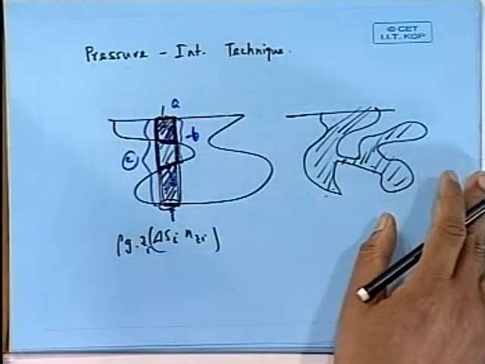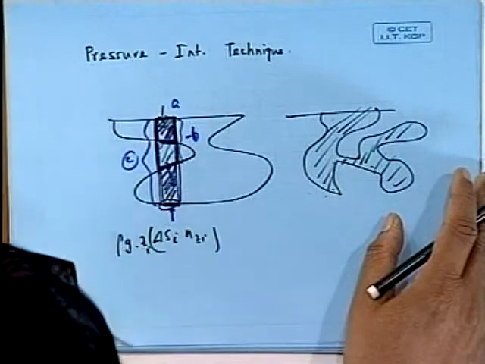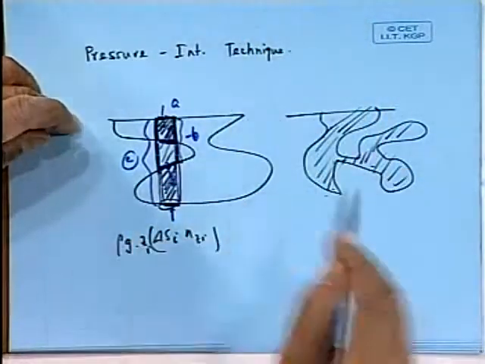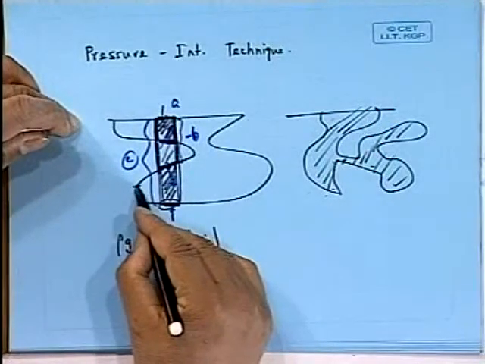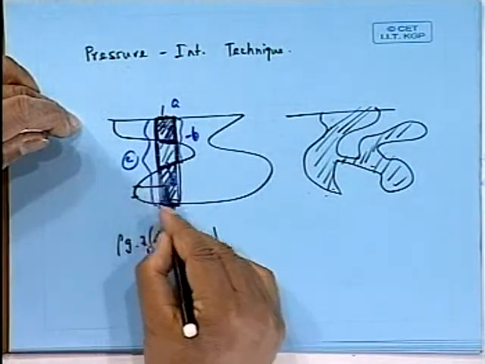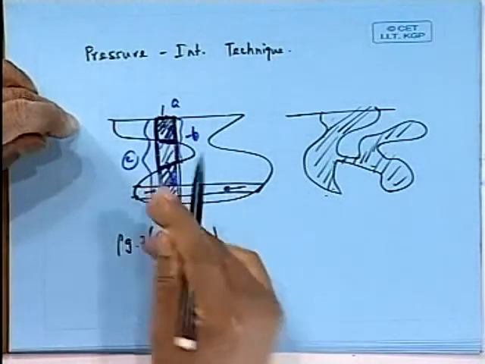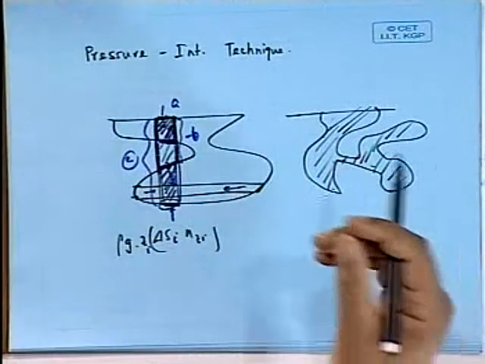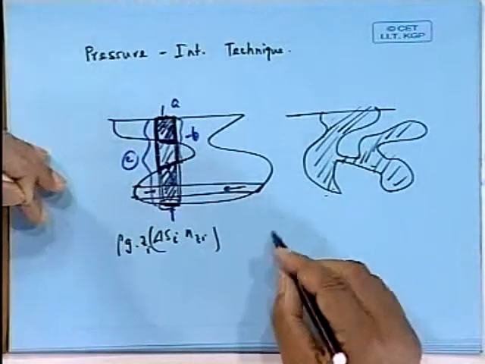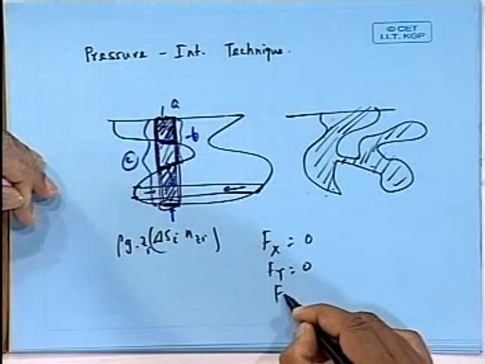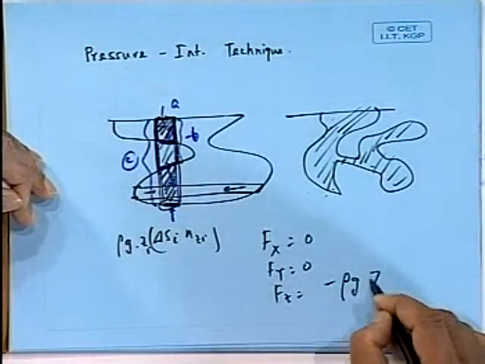In the x direction, if you take a panel here, it gives you a force up to this much, and a panel here gives the opposite force. So each pair, each vertical tube, cancels out. This is why you end up getting Fx = 0, Fy = 0, and Fz becomes minus rho g into volume.